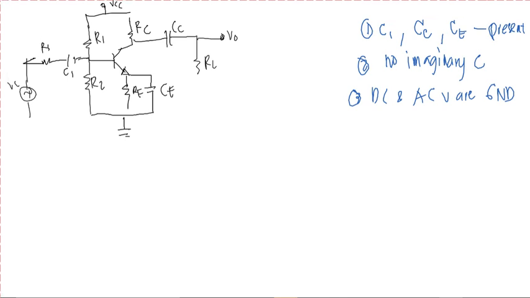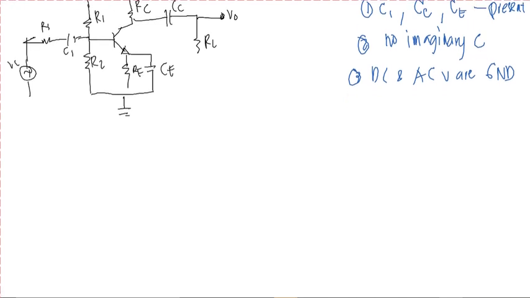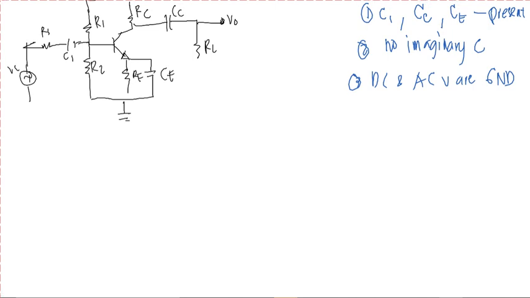So how do we consider it now? We have to consider the same process that we did before. First, we are going to have your base. We have your base here, we have your collector, and we have your emitter.